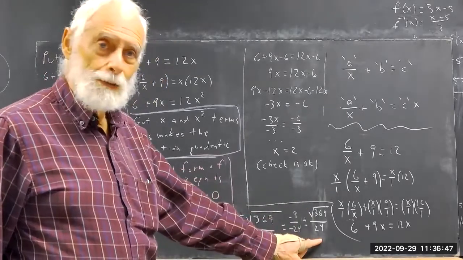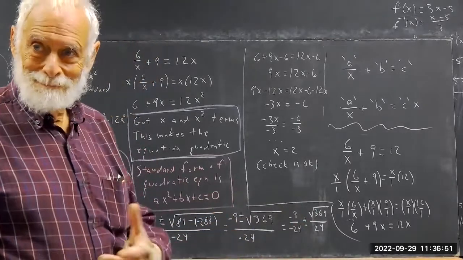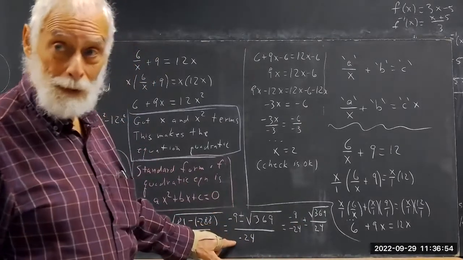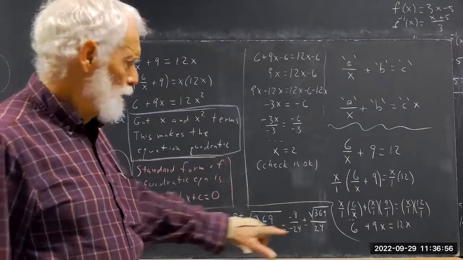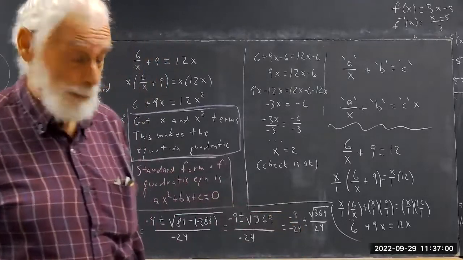If I divide by 24, the plus and the minus are going to accommodate the minus here. So I don't really need to worry about the sign of this thing since I'm doing a plus and a minus anyway.